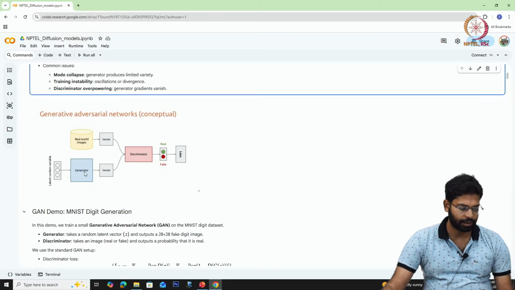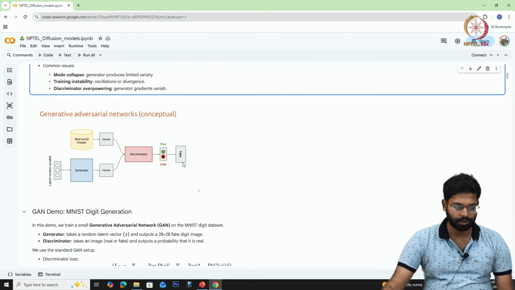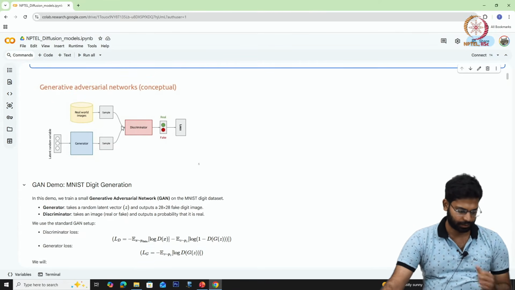It goes to the generator, which generates some fake samples, and then they pass through the discriminator and it classifies them as fake. Now as the optimization proceeds, the fake images generated from the latent variable should not be distinguishable by the discriminator. That is the entire idea, and you employ some loss on it to train these two networks, right.